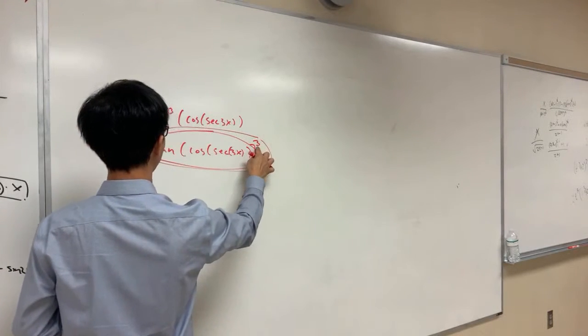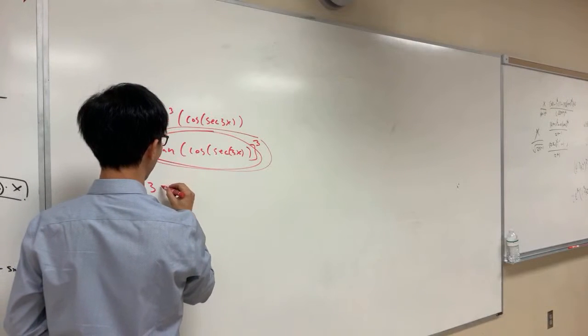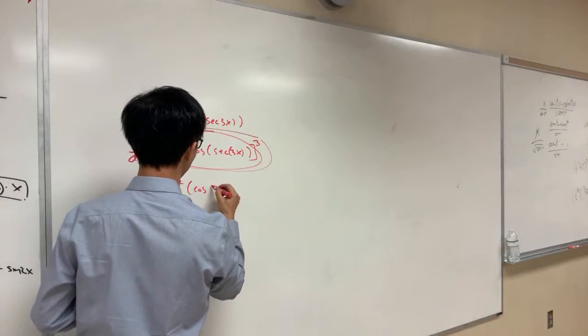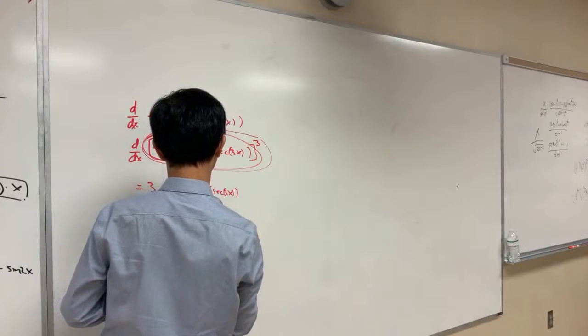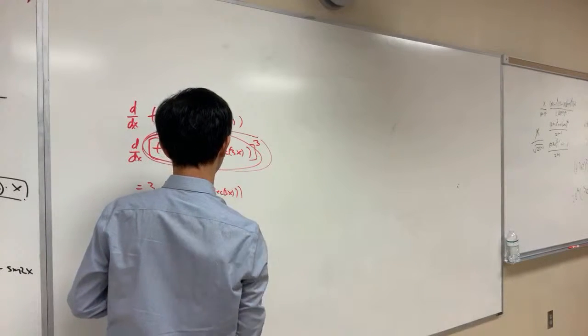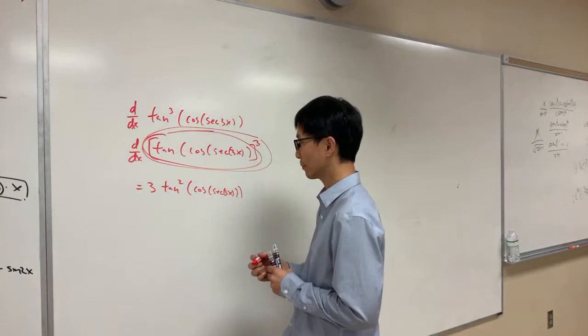So there's a 3 first. So it's gonna be 3 tangent squared to the cosine of secant of 3x. You added another one. Yeah, so that one's even longer than what we did.